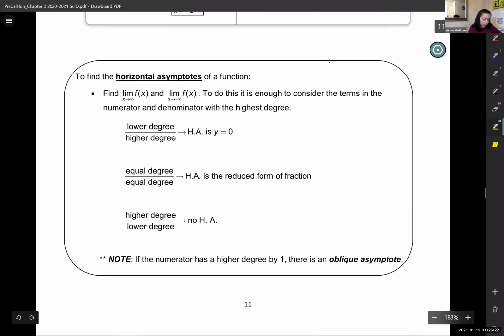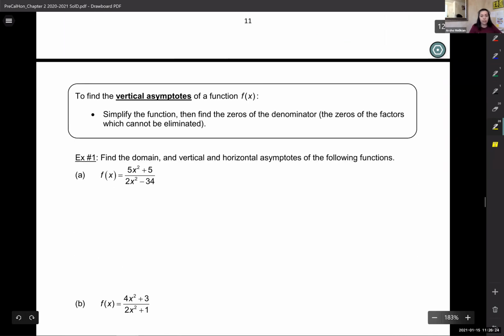And actually, I want to go to the next page here to talk about vertical asymptotes because it's a little bit more straightforward. Vertical asymptotes are found in the following way. Simplify the function, okay? Then find the zeros of the denominator. But here, we've got to be super careful because there's a little caveat.